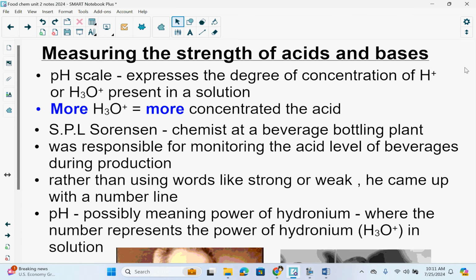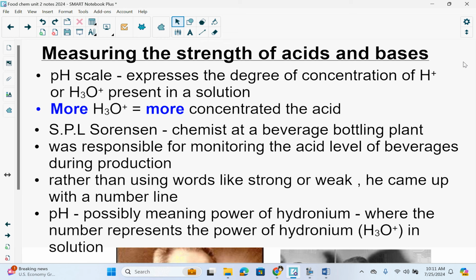Measuring the strength of acids and bases, we use what's called a pH scale. This expresses the degree of concentration of H plus or H3O plus present in a solution. The more H3O plus, the more concentrated the acid. Now, a man named S.P.L. Sorensen was a chemist at a beverage bottling plant.